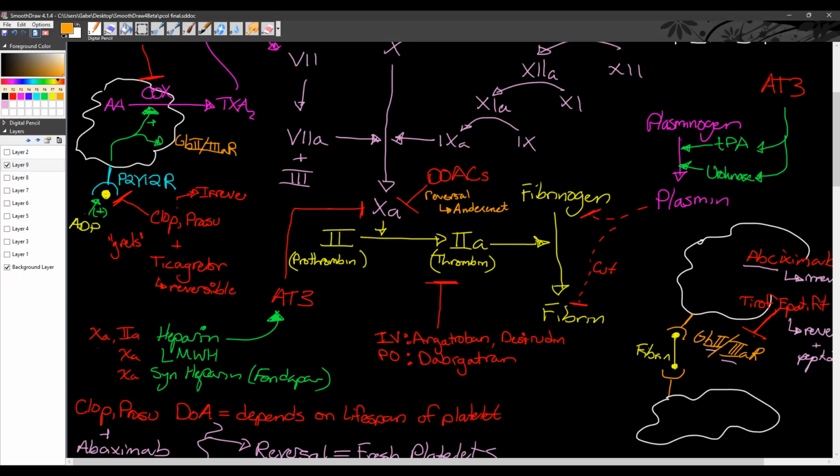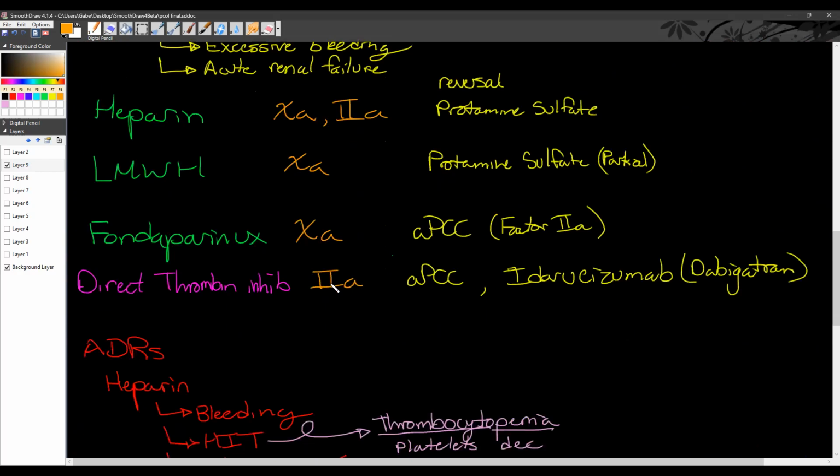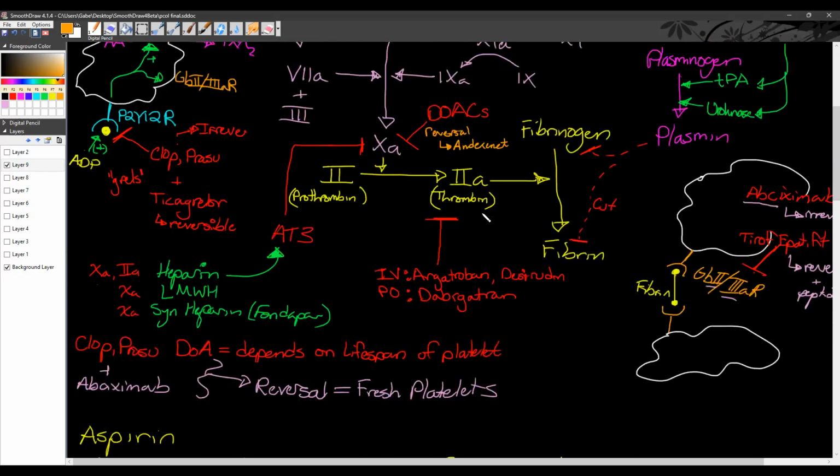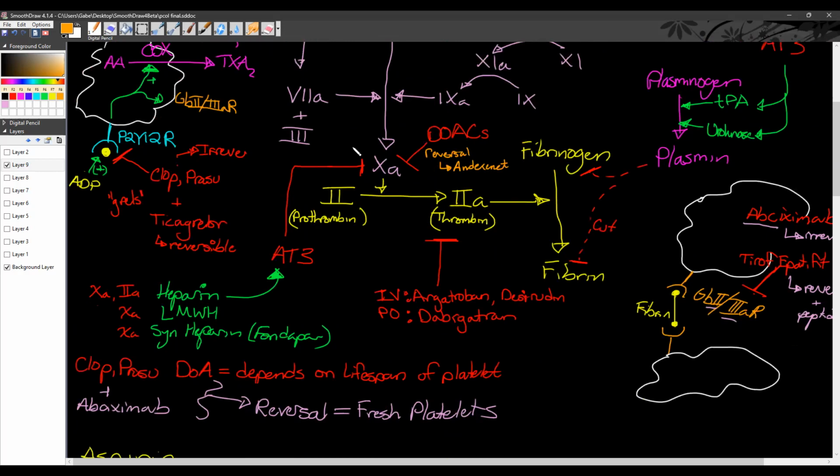Which means if someone is on apixaban, what should we give them to reverse apixaban? APCC, right? Because it avoids factor 10. So we just go into the next step of the cascade. Sorry, if they were on edoxaban, my bad. I'm getting all confused. If they're on the one that's not covered by andexanet, or if andexanet is not available because it's just extremely expensive. Stuff like that.